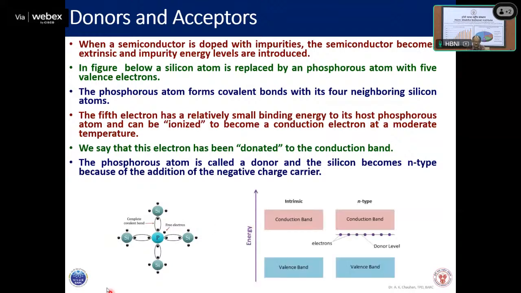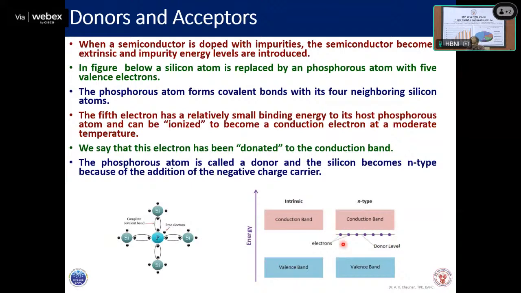Now the same thing. Initially, when it was intrinsic, there was a conduction band and a valence band. Now if you add a donor, this donor will add certain levels which are not in the conduction band, but below the conduction band, very near to it.